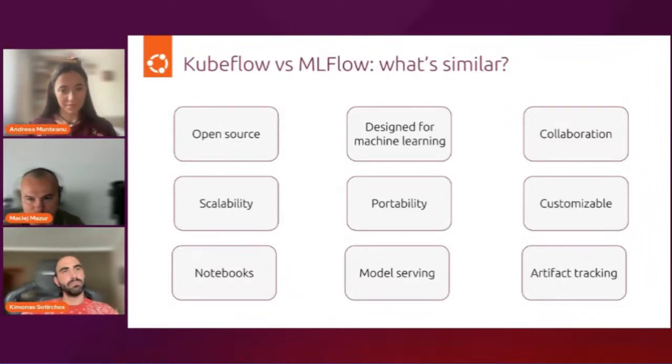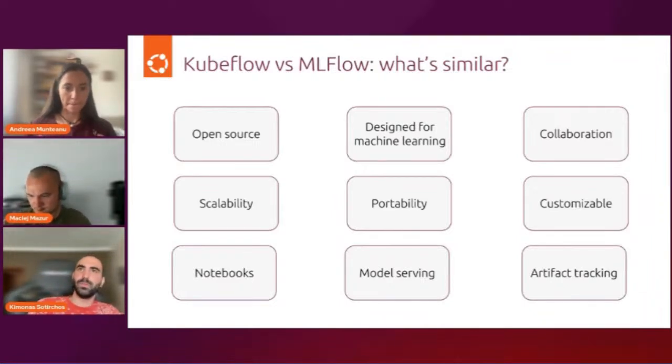They also both work very well with notebooks and with model serving tooling. Some of the model serving tools are already in Kubeflow, like you have Seldon and KServe. You can add more serving tools into MLFlow if you use something different, but still, I think that all of those tools are giving you a nice way to track your work and collaborate with other people, and I think that that's the biggest benefit. Kimonas, what's your opinion?